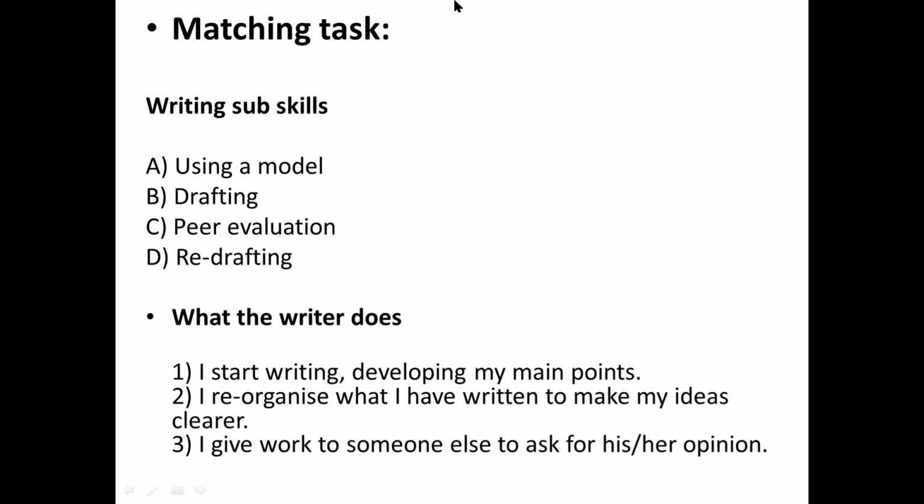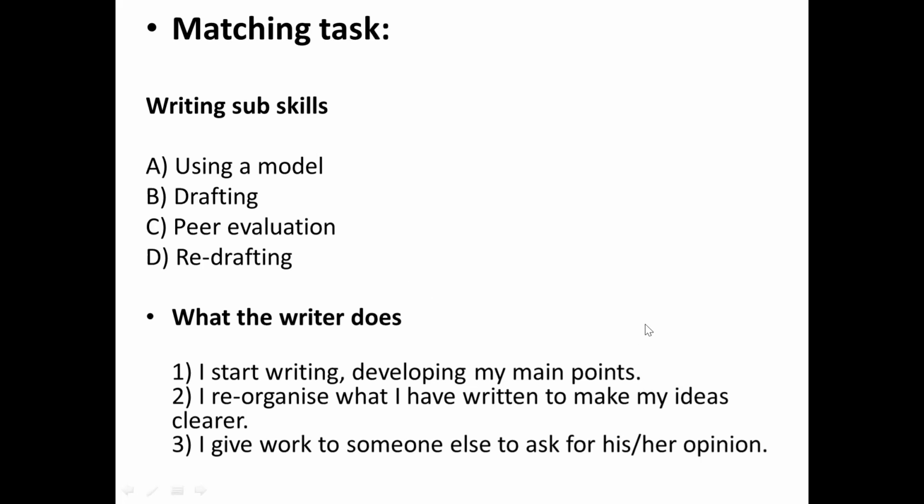Yeah, I agree with her. Okay. So I reorganize what I have written to make my ideas clearer. So redrafting.